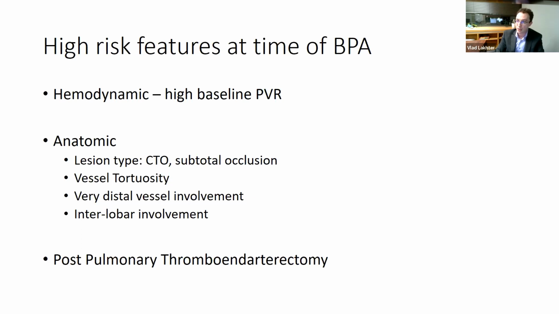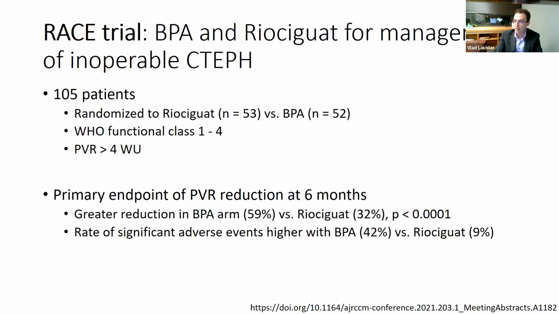There are some anatomic considerations that put patients at high risk, such as the lesion type, as I'll show you, the presence of vessel tortuosity, if the lesions are predominantly distal versus more segmental in nature, and if there's interlobar involvement. And one specific patient subgroup to point out are patients that already underwent pulmonary thromboendarterectomy, who are at higher risk of complications compared to patients that have not had PTE in the past.